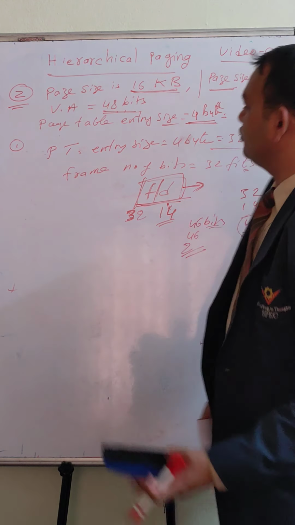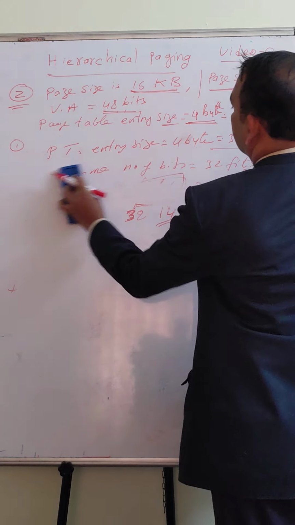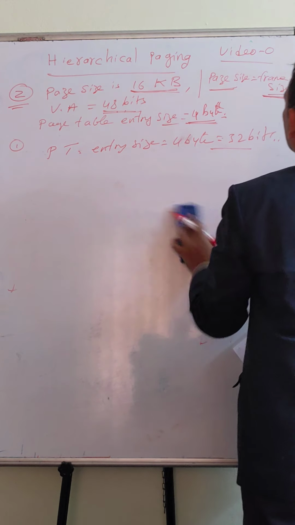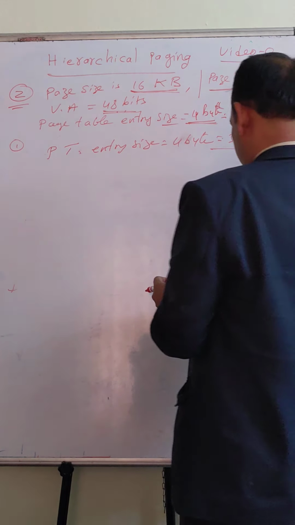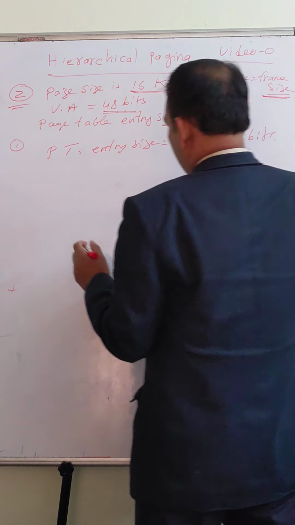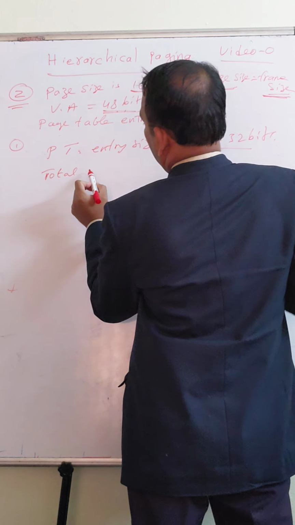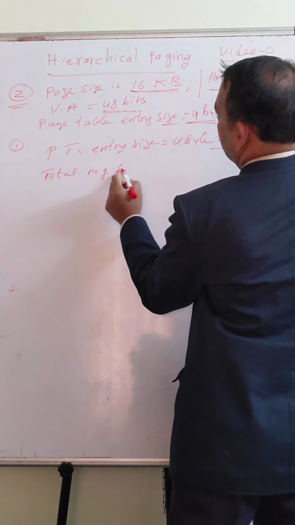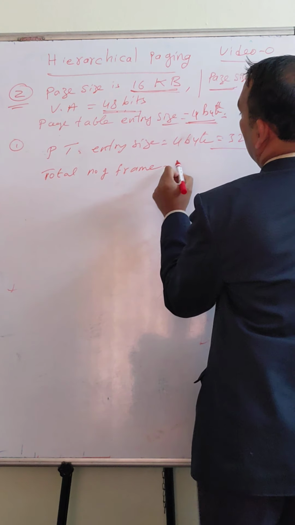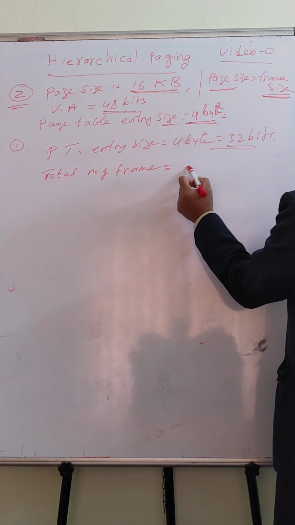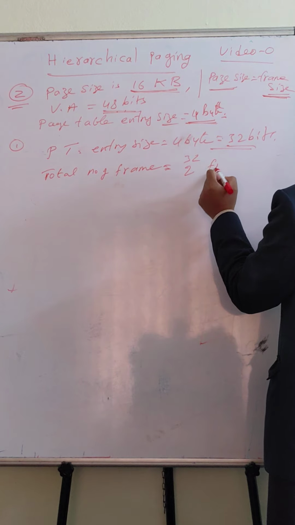Let us do the step by step procedure. Total number of frames: just now we have seen, 32 bits means 2 power 32 frames.